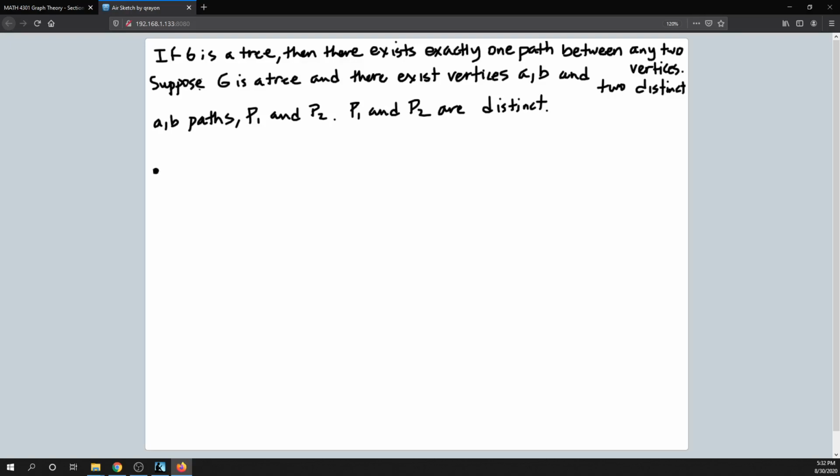We have P1 and P2 leaving A, and they might follow the same path for a while, but then at some point, since they are different paths, they're going to have to take a different route to get to B. And that vertex right there, the one right before they split, I'm going to call U.